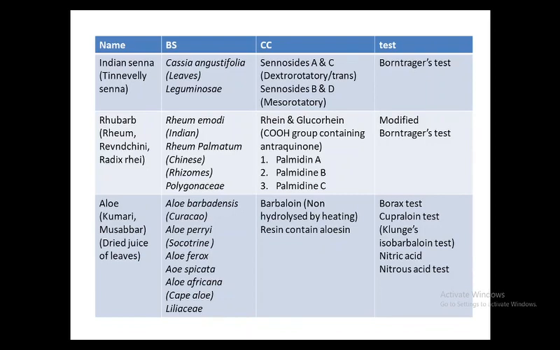The test used for the identification of the glycoside is of course the Borntrager test, because sennoside is a type of anthraquinone glycoside.